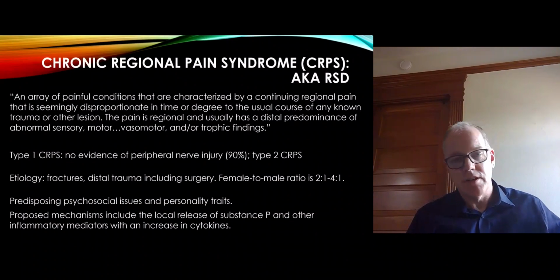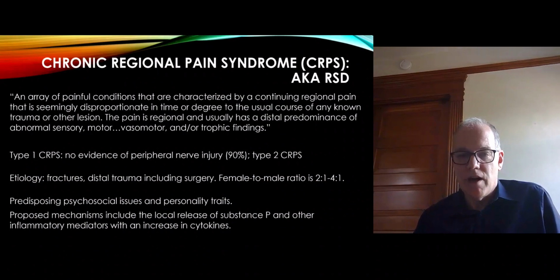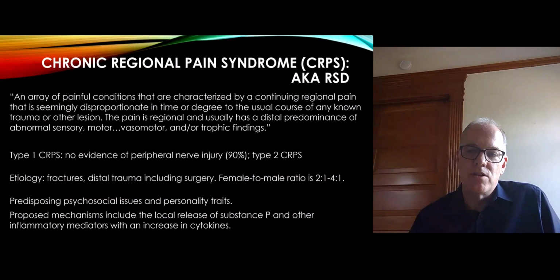All right, another condition is known as chronic regional pain syndrome. This used to be called reflex sympathetic dystrophy, not a very good term. I mention it just because some people still use that older term, reflex sympathetic dystrophy. Okay, so I'll give you the definition.